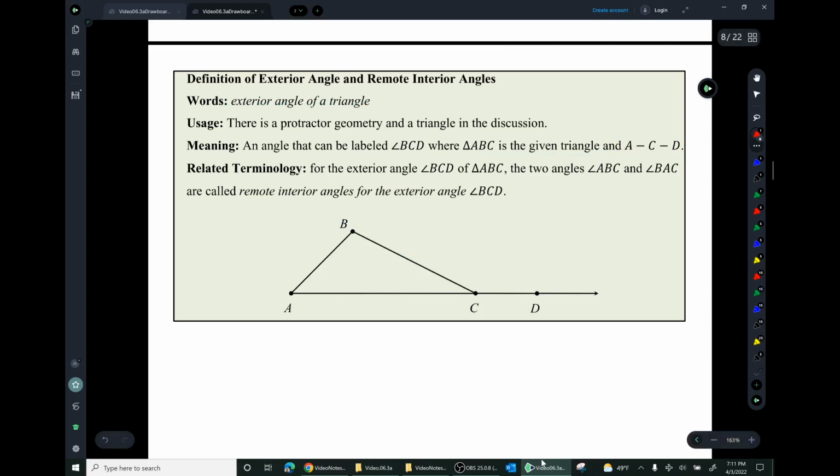The remote interior angles for this exterior angle are these angles. This is the remote interior angle, and this is also a remote interior angle. They're both remote interior angles for this one exterior angle BCD.